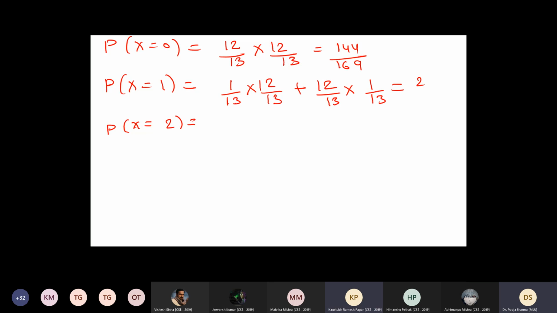Okay, 24 upon 169 होगा. What about X equals to 2? क्योंकि इसमें दोनों ही card aces हैं. So 1/13 into 1/13, that is 1/169. So we got probability for X equals to 0, 1 and 2.